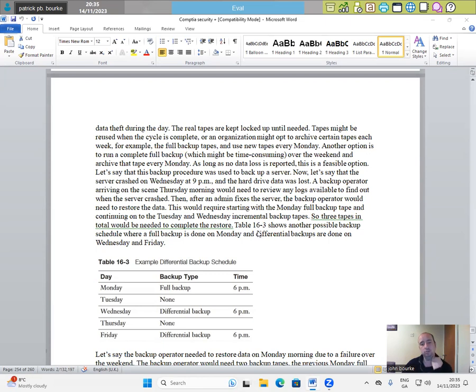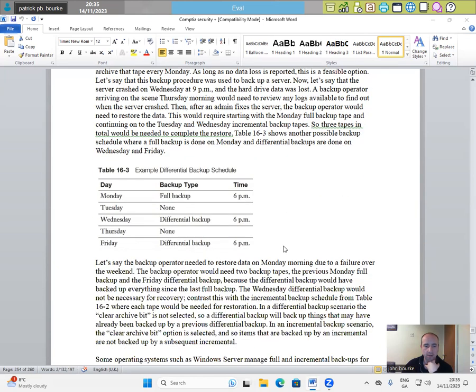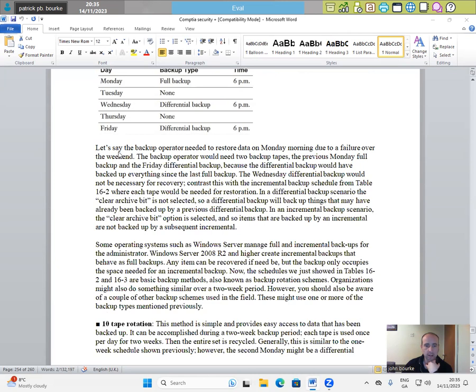Table 16.3 shows another possible backup schedule where a full backup is done on Monday and differential backups are done Wednesday and Friday. Let's say the backup operator needed to restore data on Monday morning due to a failure over the weekend. The backup operator would need 2 backup tapes, the previous Monday full backup and the Friday differential backup.